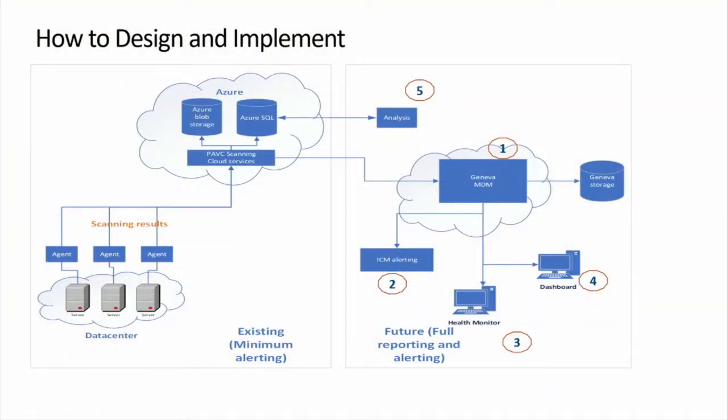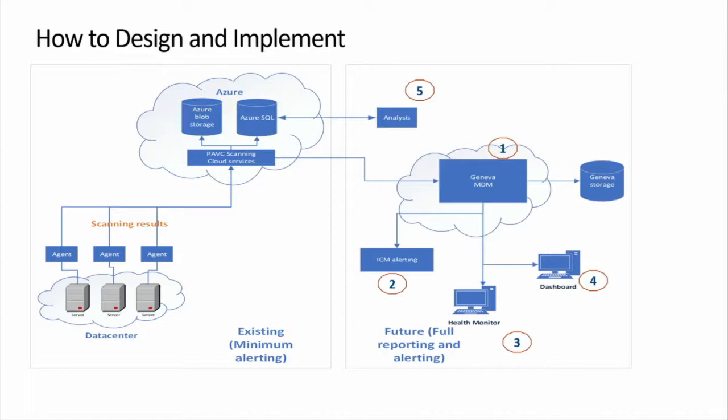So we talked about how to find the issue and what the best solution is. Now we talk about how we designed our system. On the right side, we have five pieces of work we have done. The first work is we analyze agent data directly from the cloud service and send it to Geneva Hotpass, MDM.